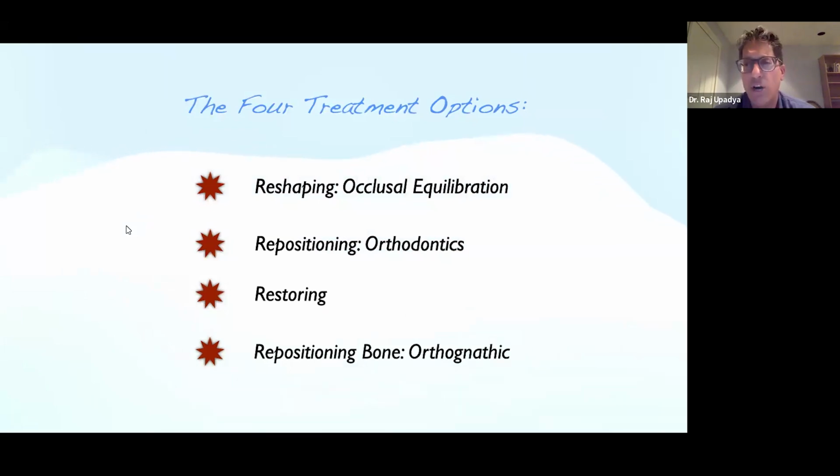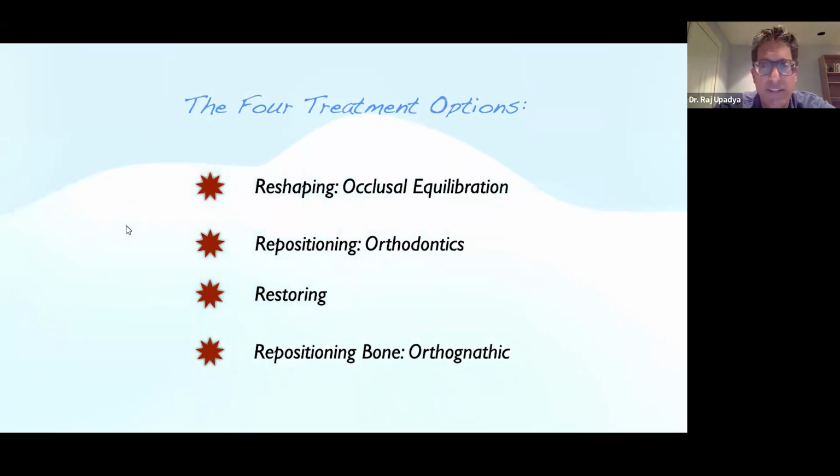If the arch forms are off or we have a very, very poor plane of occlusion, we also have orthodontics available to us. We can restore teeth if and when necessary. And in those more severe cases, we can move segments around. We can reposition bone.